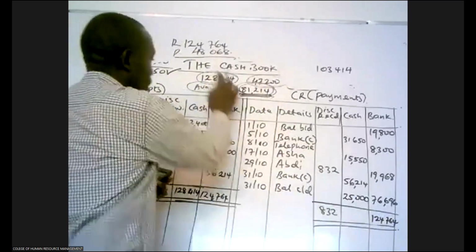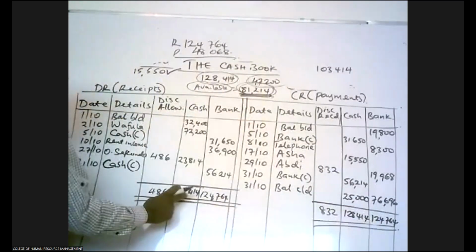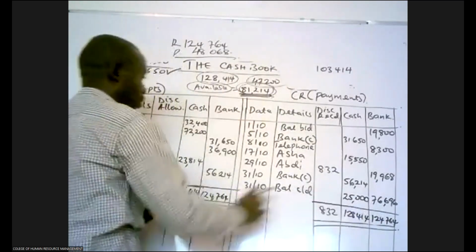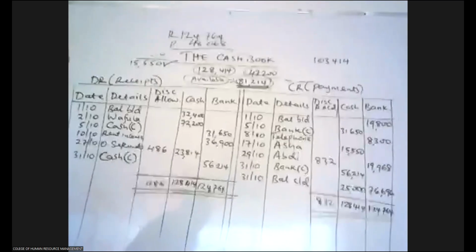And this one was 128,414. So they should be the same. That is the end of that question.